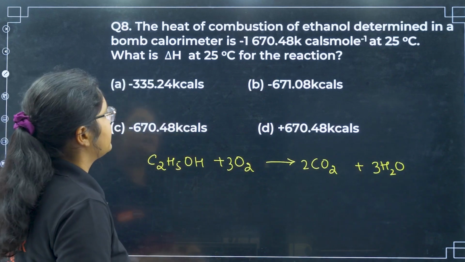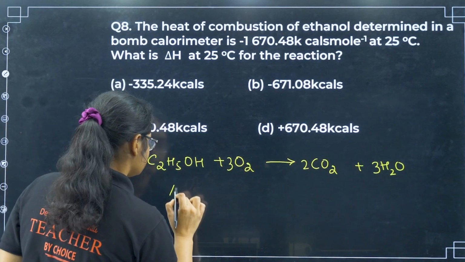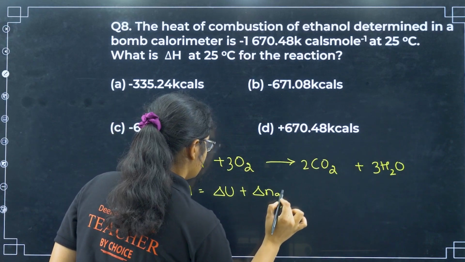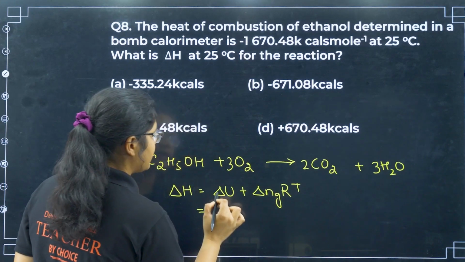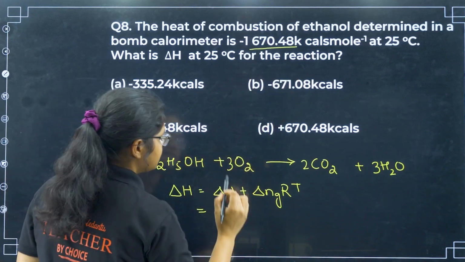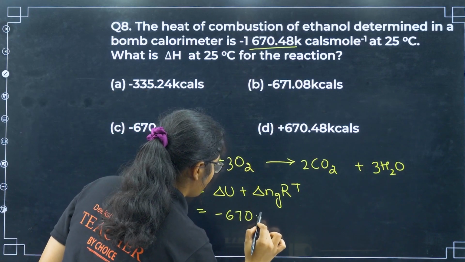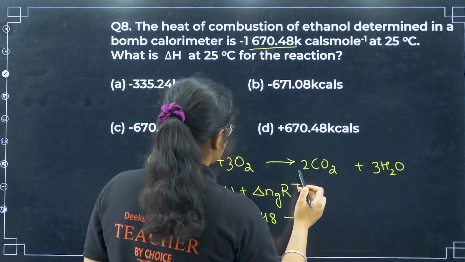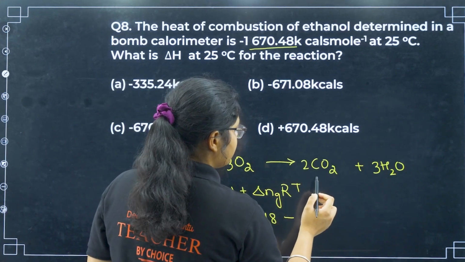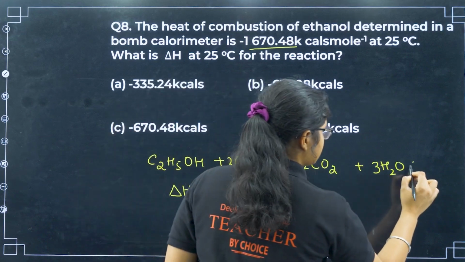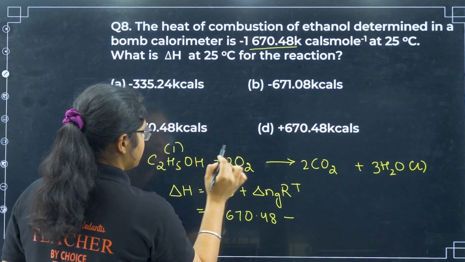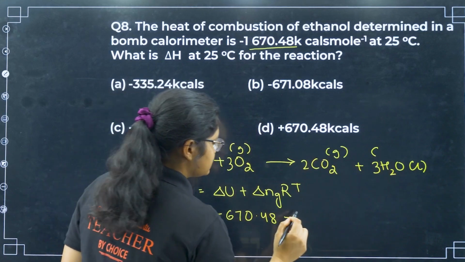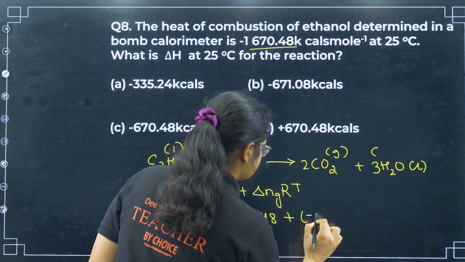Now delta H is equal to delta U plus delta ng RT. Delta U value is minus 670.48 plus, what is delta ng value? I have to take only the gaseous molecules. So this is liquid and this is also liquid, this is gas and carbon dioxide is gas. So 2 minus 3 is minus 1. So delta ng is minus 1.